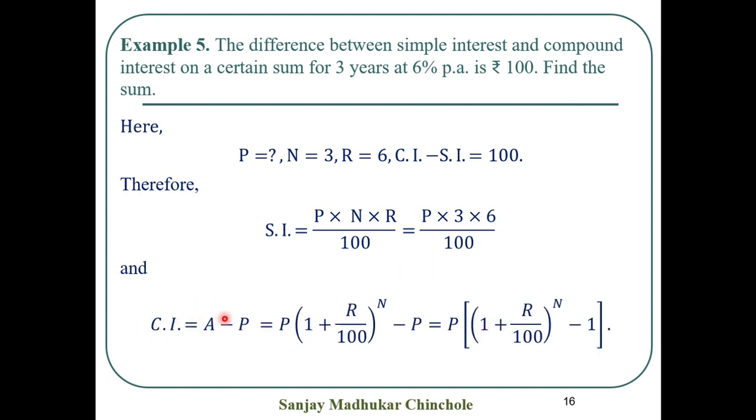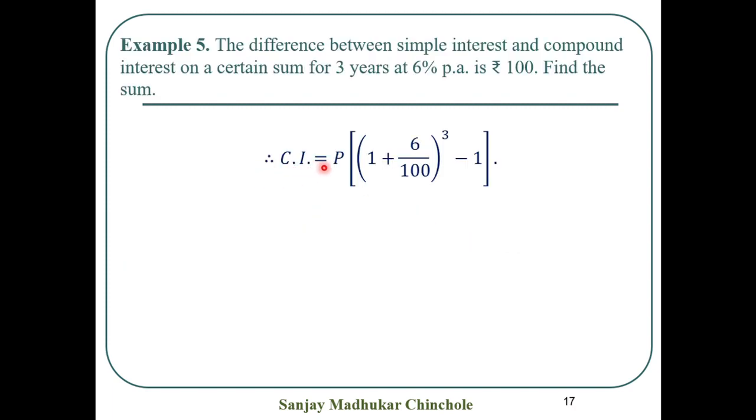The compound interest is equal to the amount by compound interest minus principal, which is P into bracket 1 plus R upon 100 bracket raised to N. When we have no information about whether it is compounded half yearly, annually or quarterly, by default you can consider it compounded annually. So we use the formula P into 1 plus R upon 100 bracket raised to N minus P, which is equal to P into bracket 1 plus R upon 100 bracket raised to N minus 1 bracket complete.